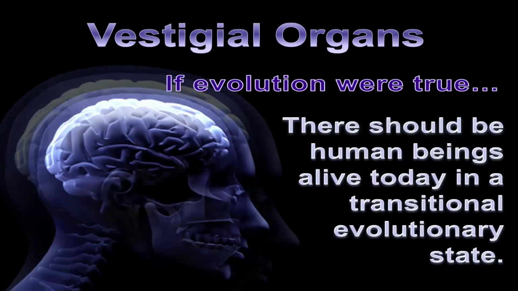So if evolution is true and human beings are the current dominating species in this long line of evolutionary changes, starting with this ape-like ancestor, if that's true, not only would you expect the fossil record to reflect that, but you would expect at least two other things. First of all, there should be human beings alive today in transitional stages.